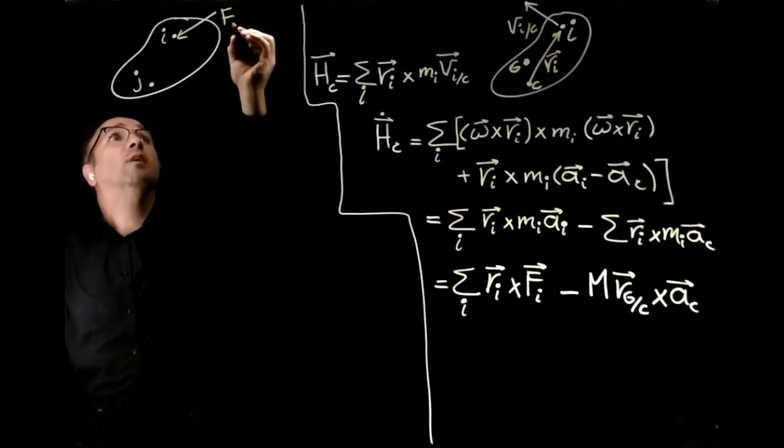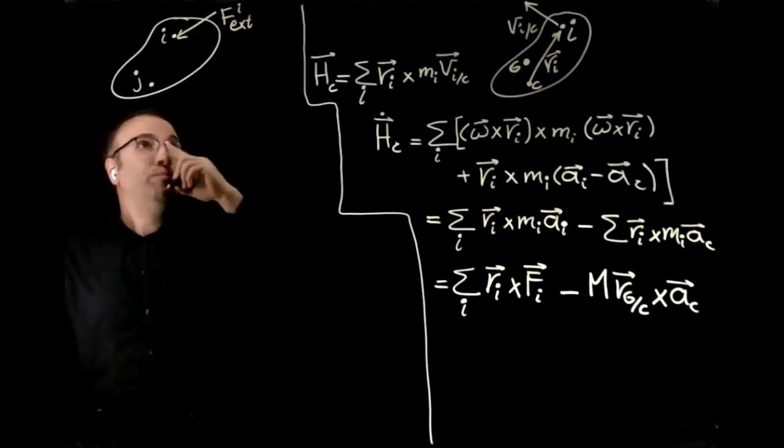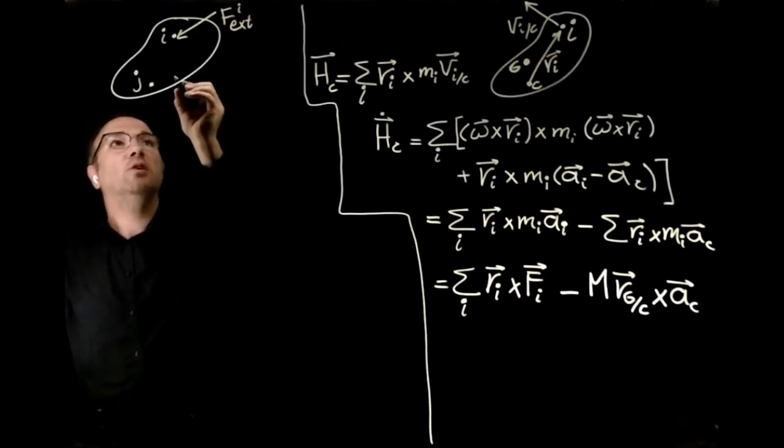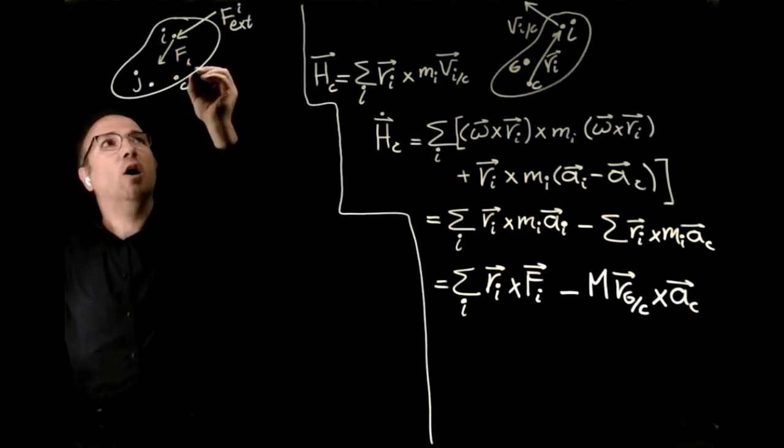So let's call this F external at i, and my point C is here. For internal forces, I call this Fi from J, all right?